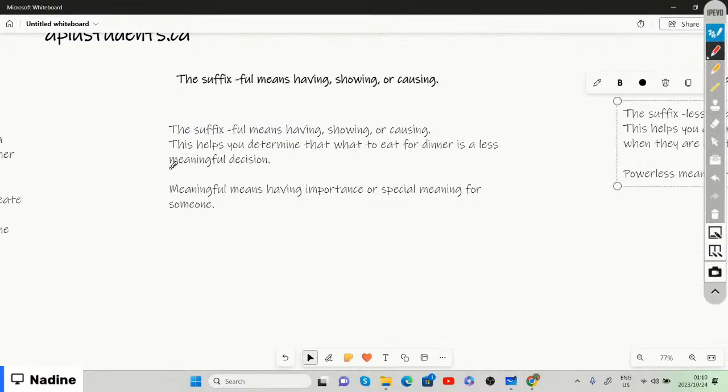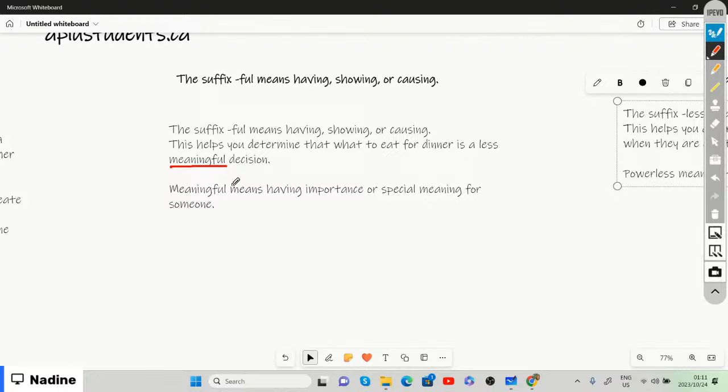So meaningful ends in FUL. And meaningful means having importance or special meaning for someone. It's like saying the gift that someone gave you is special, it's meaningful.